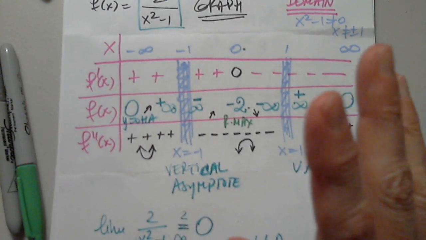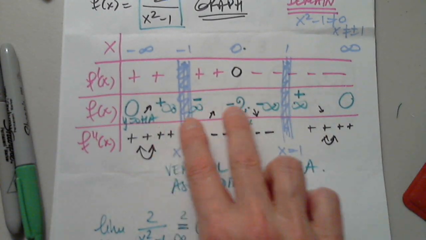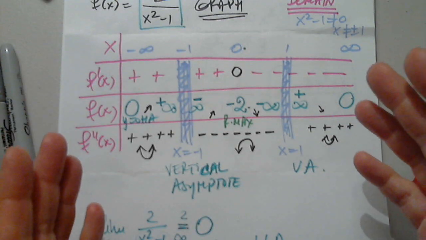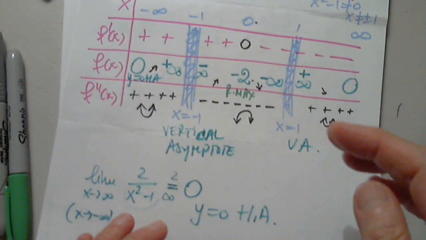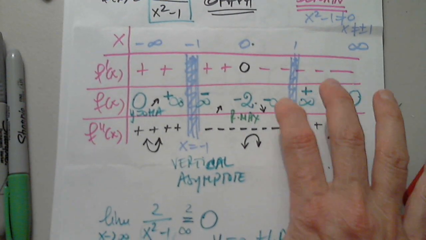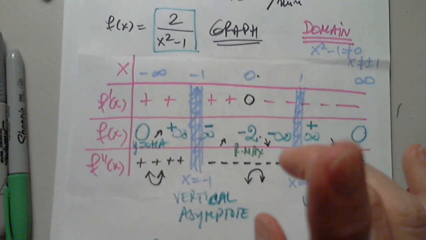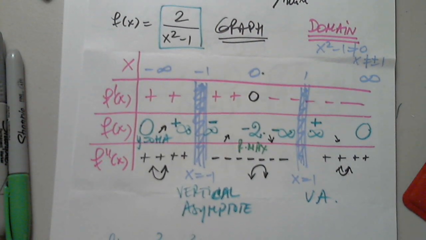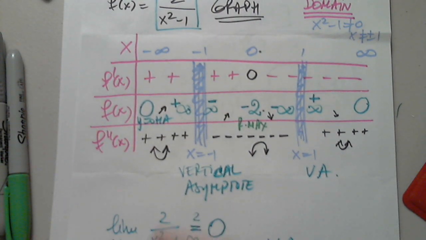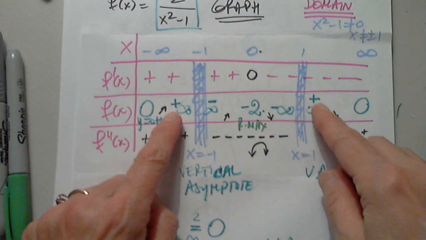Gotcha. Now, the question is, how did we get these symbols? Well, if a rational function has a vertical asymptote, left and right have to be infinity. Remember, unless there is a factor that I can remove. But there is no factor that I can remove here. How did I get these symbols?